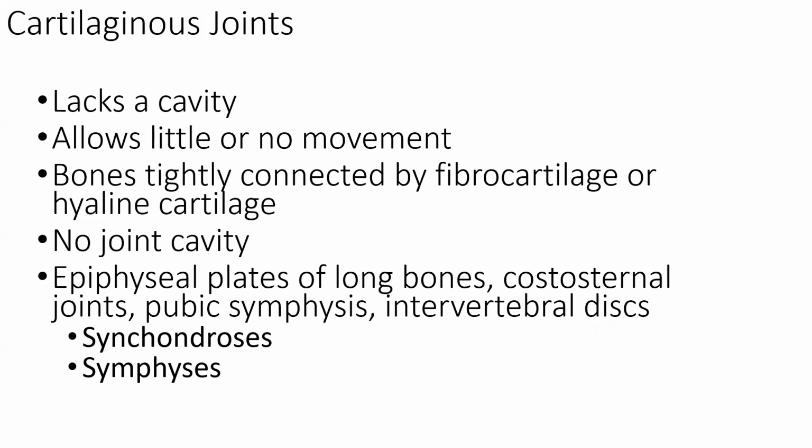You have flexibility or you have complete immobility. So the cartilaginous joint is a little different. It may have a little movement. You have cartilage in between the bones. You have fibrocartilage, or you have hyaline cartilage.